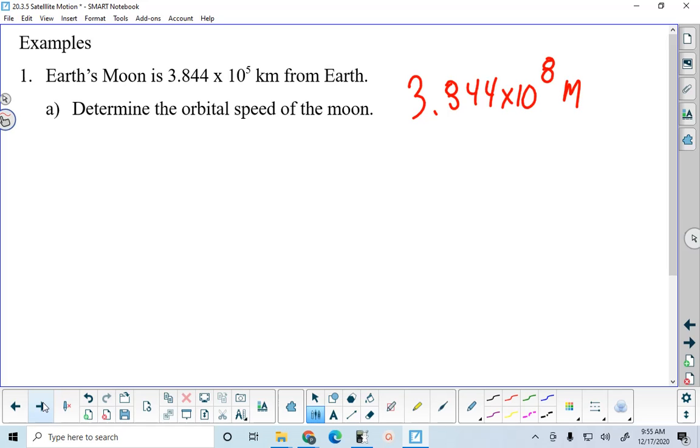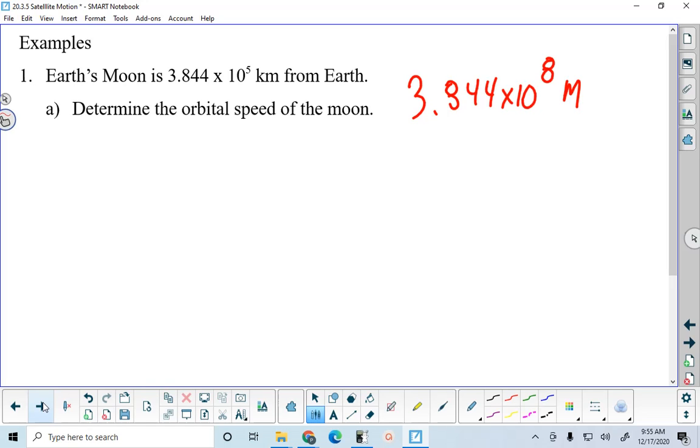Now, technically that distance given is from the moon to the surface of the Earth, but we're just going to call it the radius. Usually, when you look up solar system data and you're told the distance between two objects, that's the distance from center to center. So we do not have to add the radius of the Earth here. By the way, the radius of the Earth is very small compared to that anyway.